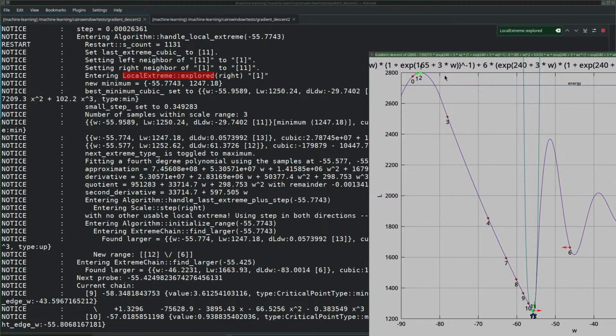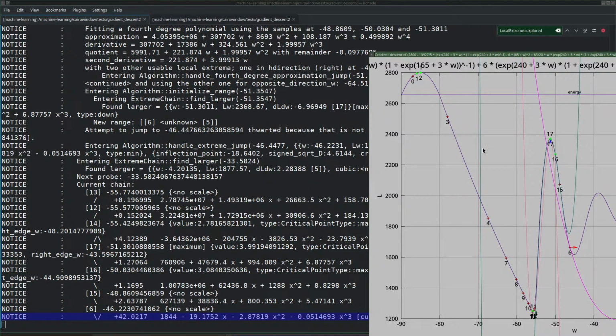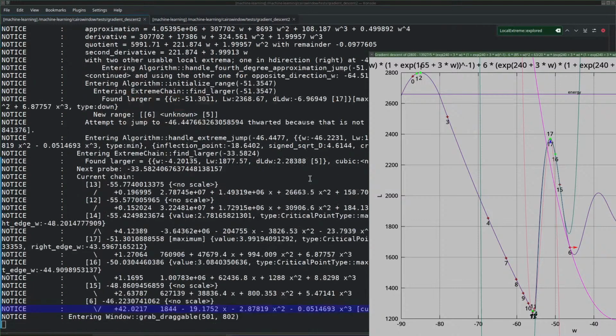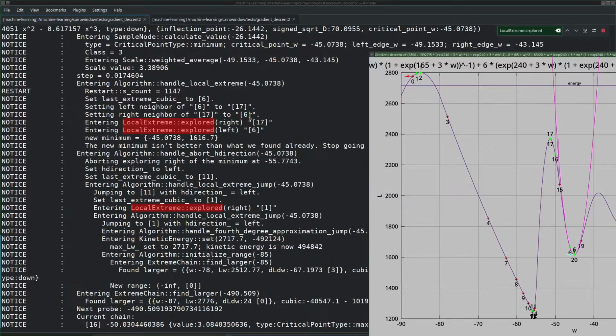So again, 1 is explored to the right. 11, this one, is explored to the right, and 17 is explored to the left. And finding this one leads to 17 is explored to the right, because it's just an adjacent thing, and 6 is explored to the left.